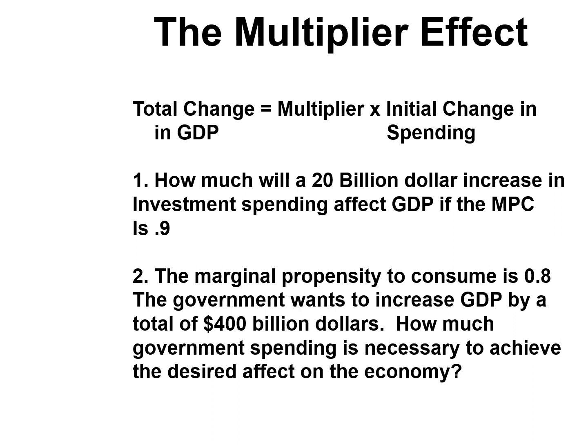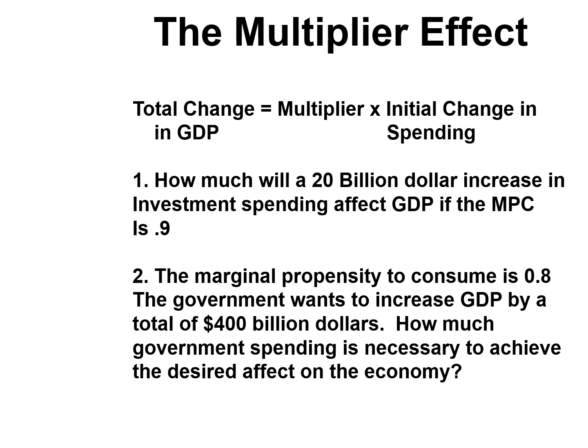First, calculate the size of the multiplier in this economy. 1 over 1 minus MPC, or 1 over MPS, is the multiplier. So 1 over 1 minus 0.9, 1 over 0.1, the multiplier is 10. So if there is an initial increase of $20 billion in investment spending, 10 times 20, there'll be a total change in GDP of $200 billion.